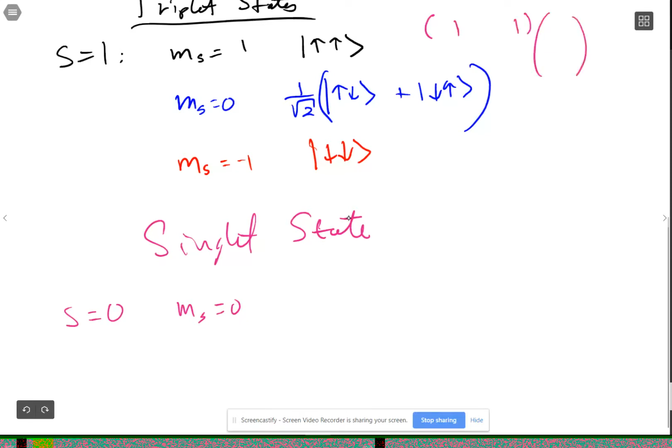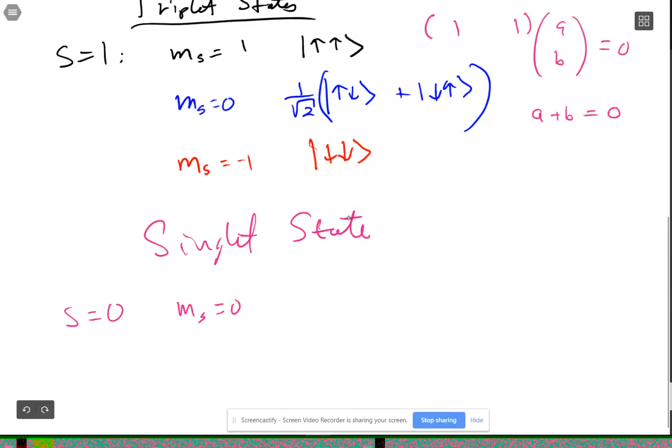What do I need to have for these 2 to make it equal 0? What are we going to have? Yeah, they have to be opposite signs.